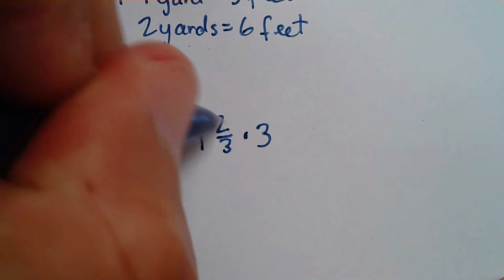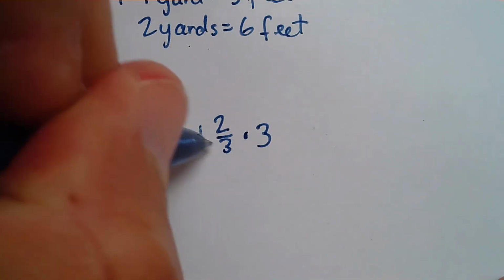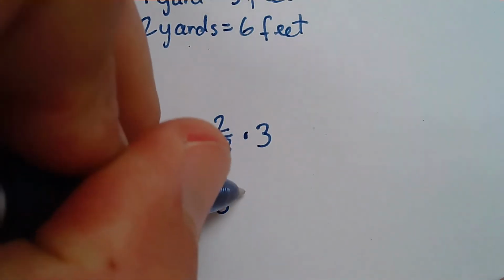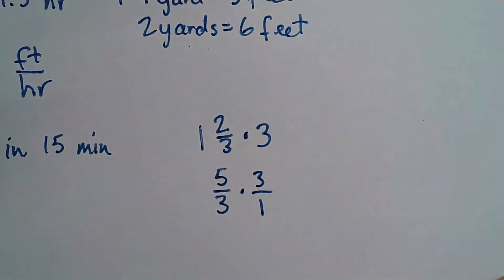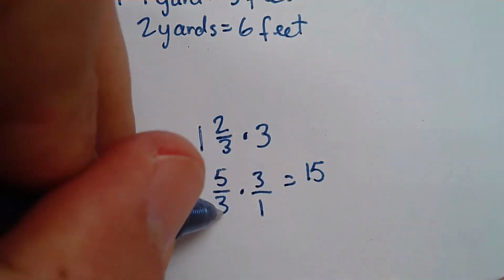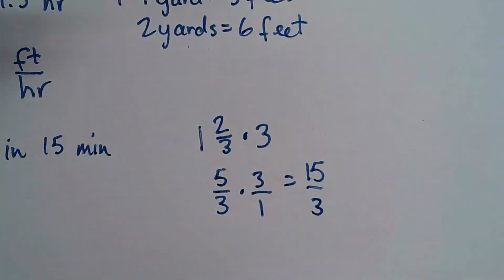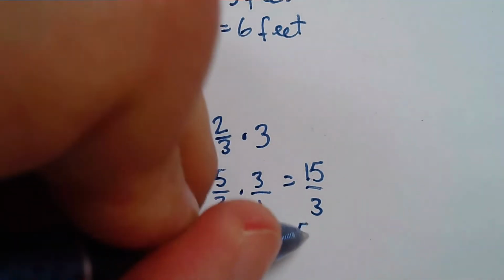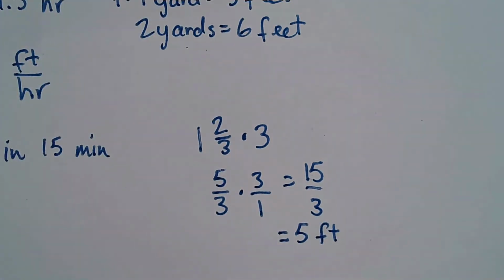So let's turn this into an improper fraction. 3 times 1 is 3, plus 2 is 5/3 times 3 over 1. You multiply across. 5 times 3 is 15, and 3 times 1 is 3. So that means it is 5 feet. Okay.